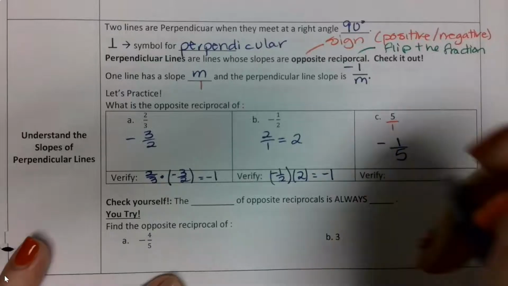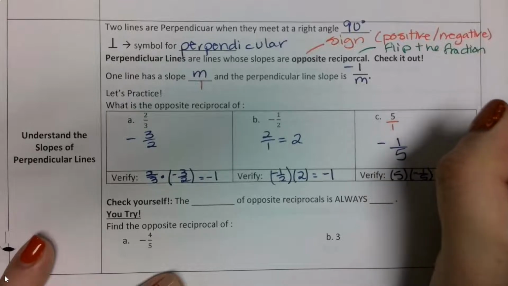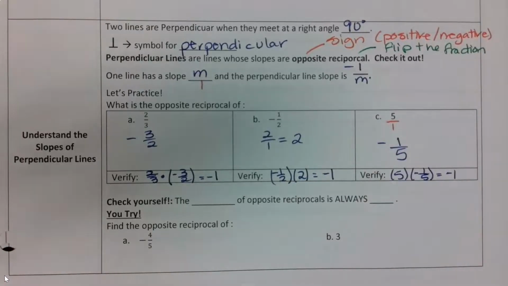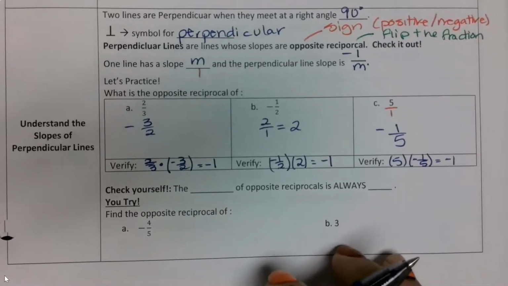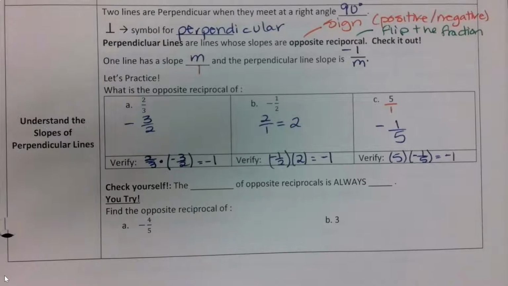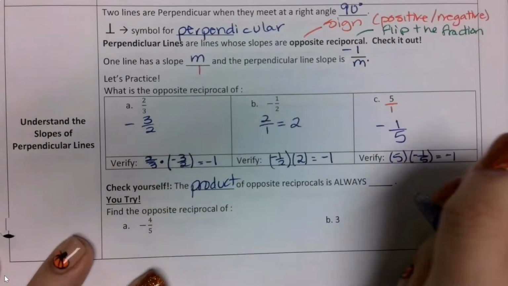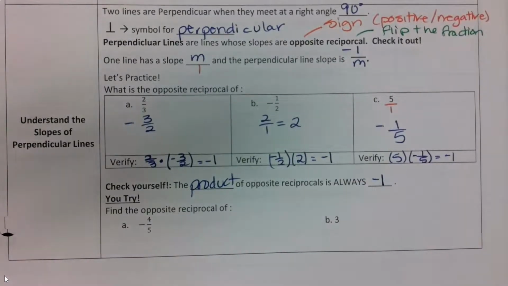So I have 5 times negative 1/5. Okay, so I've done that one correctly. So the product of opposite reciprocals is always negative 1.